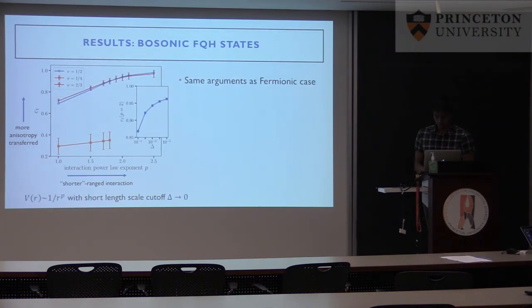We also did bosonic states, and we see similar things as in the fermionic states: increasing response as P increases, the higher filling fractions responding more strongly than lower filling fractions, and the daughter states responding the same as the parent states. The explanation is the same, in terms of the Laughlin wave function and Haldane pseudopotentials.